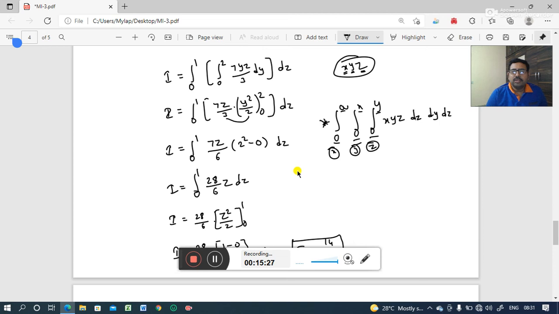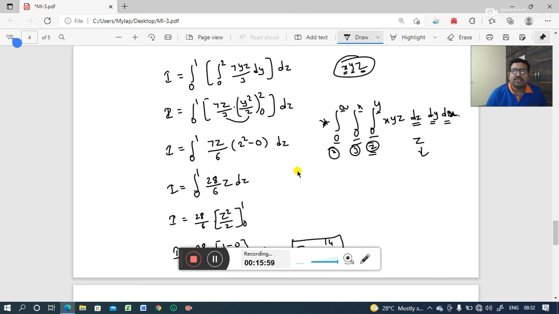Your inner integral limits are with respect to z. Therefore first you need to integrate with respect to z, then with respect to y, then with respect to x. So this is the order of integration. First you integrate with respect to z because your innermost integral is related to the variable z.